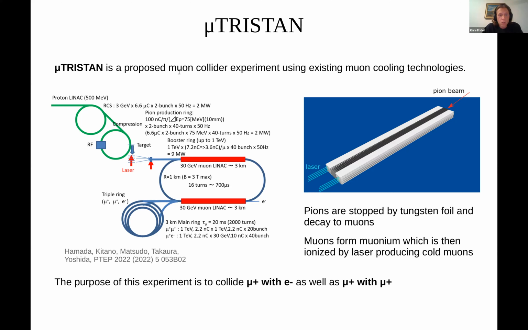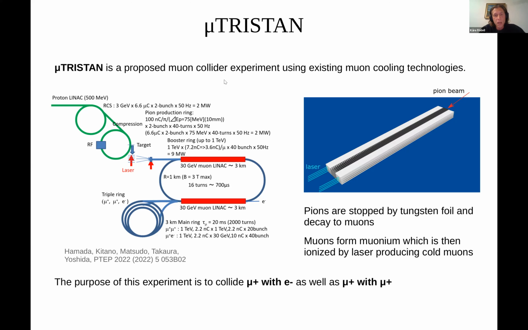And what else we can recycle is the muon cooling technology, because I don't know how many are aware of this either, but in Japan they are building an experiment to test the muon g-2 anomaly that's been found at Brookhaven and Fermilab.